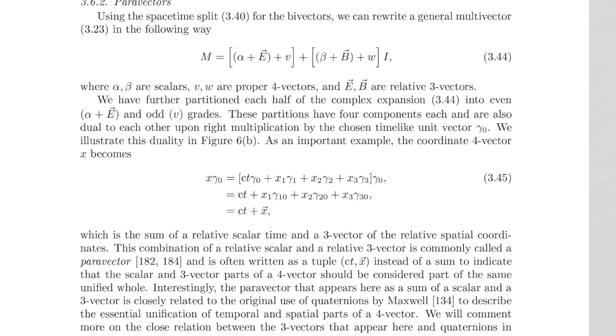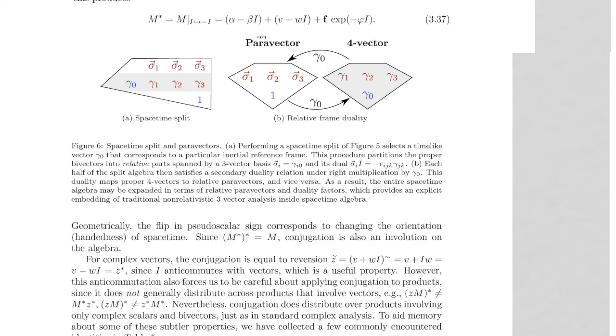These partitions have 4 components each and are also dual to each other upon right multiplication by the chosen time-like unit vector gamma 0. So the duality they're referring to is this duality. We talked about it earlier, right? The relative three basis vectors get dually transformed into the spatial basis vectors, and the scalar basis vector gets transformed directly into the time-like basis vector of the four vectors.